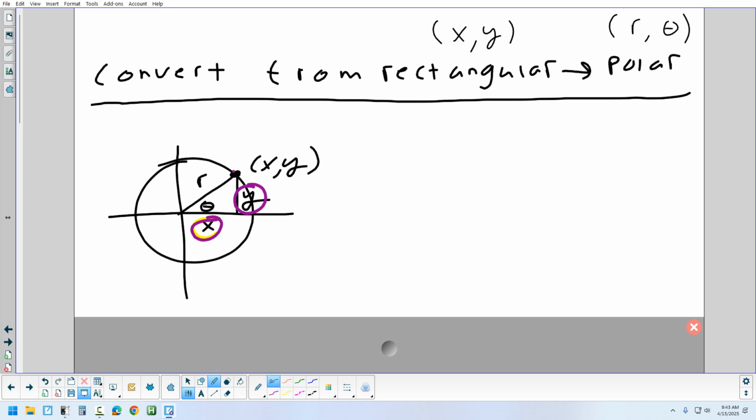And how would you figure out the amount of rotation? How would you figure out that angle right there? Jeff, how would I figure out that angle?